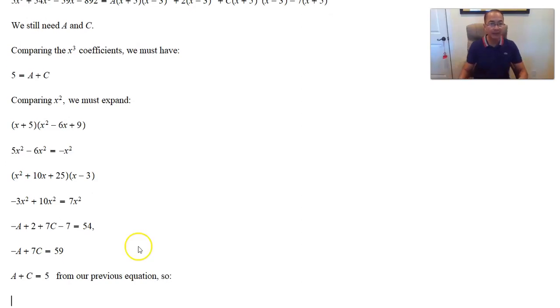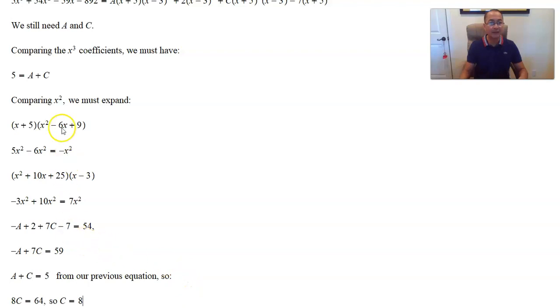So, excellent. We now can use the method of addition. So minus a plus a gives us 0. Nice. 7c plus c gives us 8c. Equals 59 plus 5, 64. So c equals 8.